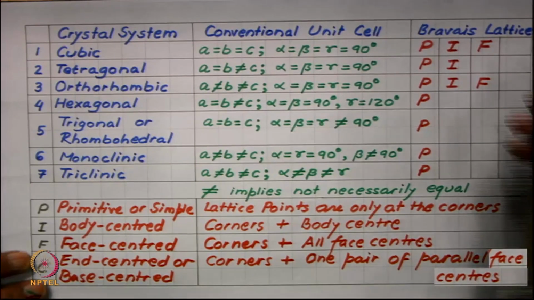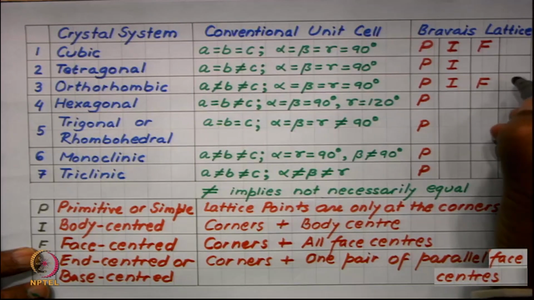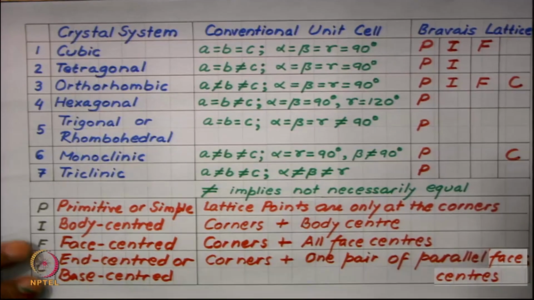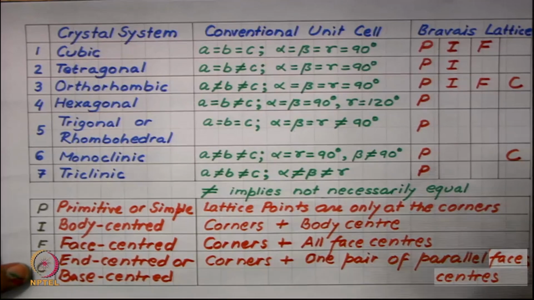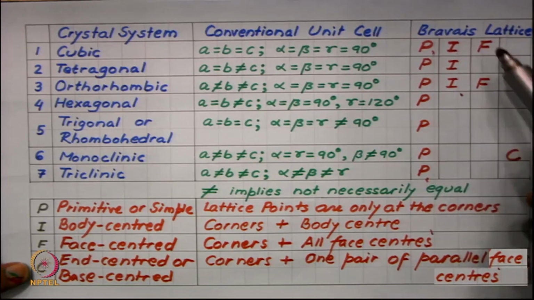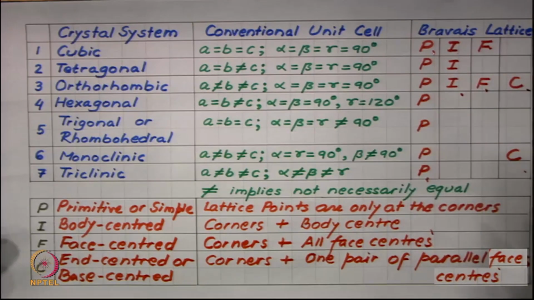The C centered or end centered lattices are there in orthorhombic and in monoclinic. So, we have now 7 P, 3 I's 10, 2 F 12 and 2 C 14. So, this constitutes the 14 Bravais lattices.